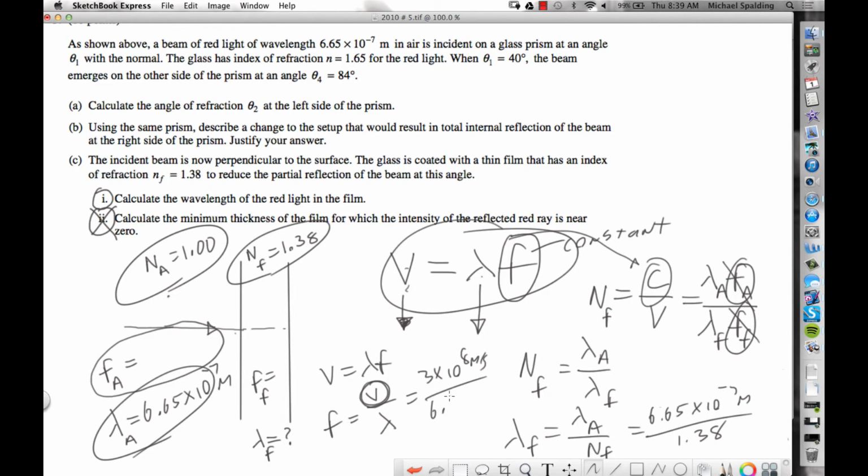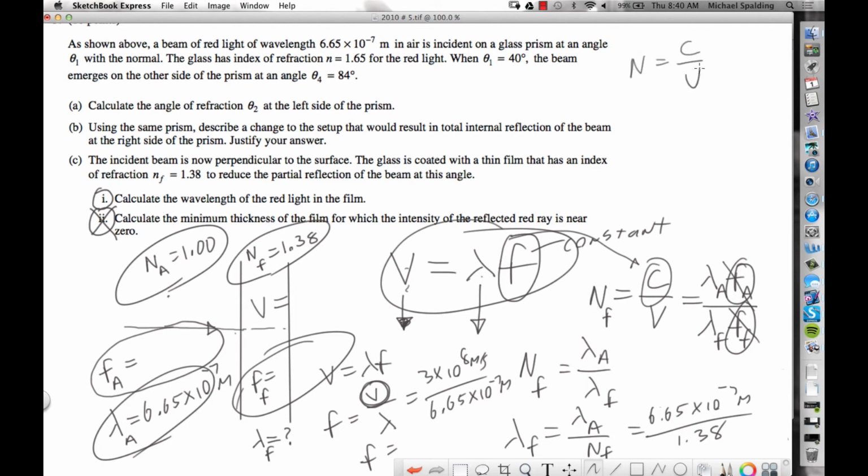Divide that by the wavelength, 6.65 times 10 to the negative 7. So you calculate the frequency, and that frequency stays the same. Then take that frequency and plug it into the film, but you have to find the velocity in the film.